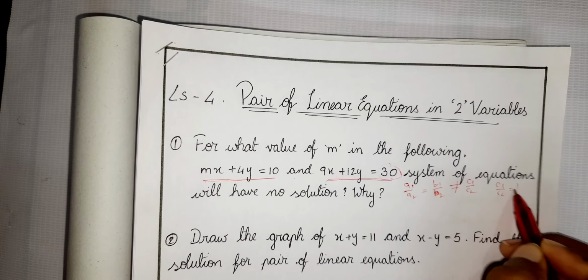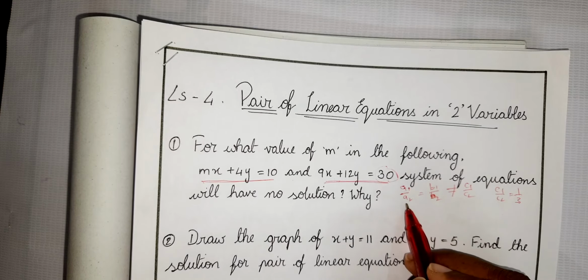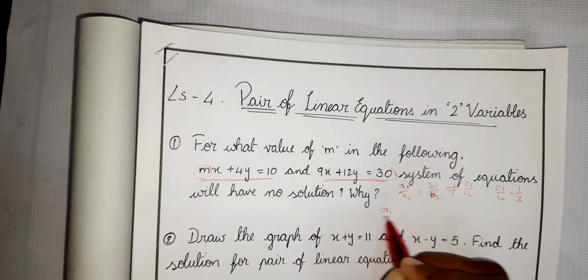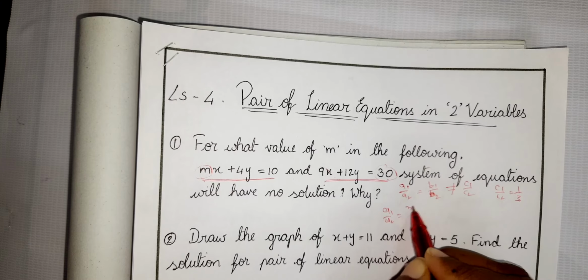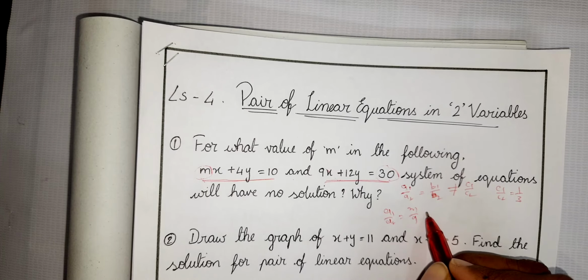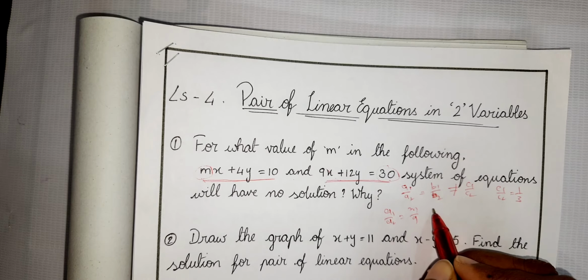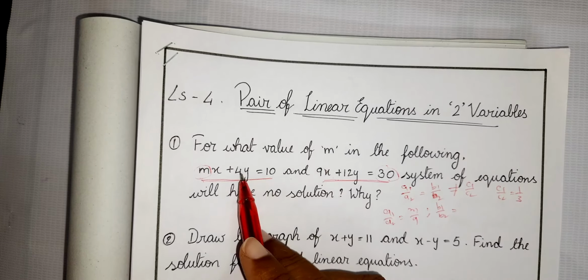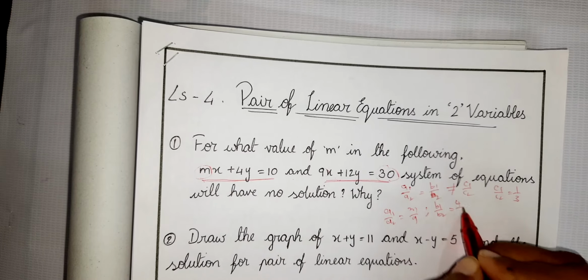A1 by A2 is m by 9, and B1 by B2 is equal to 4 by 12.